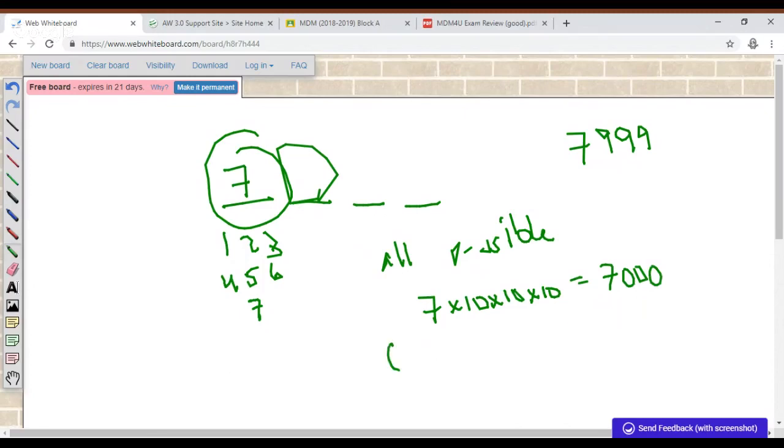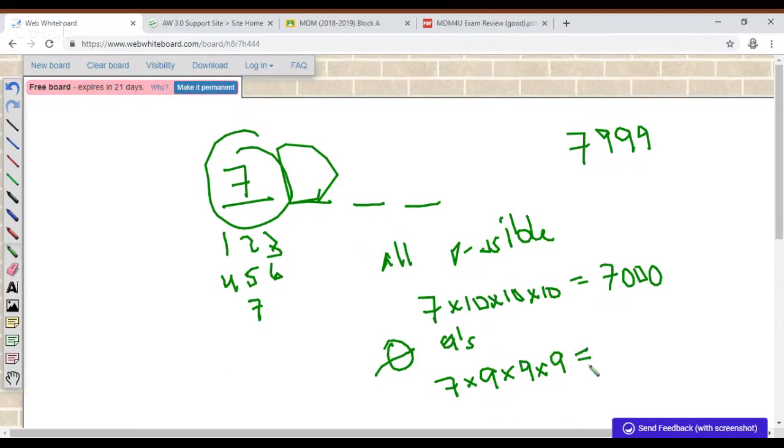And then if I want no 9s at all, so I'm going to ban 9s from my number, there's still 7 choices for the beginning because 9 was never allowed. And then instead of 10 choices, I only have 9 choices because I can take a 0, 1, 2, 3, 4, 5, 6, 7, 8, that's it. And then times 9 times 9. So again, the number 9 is not a choice, which means I have 9 choices.